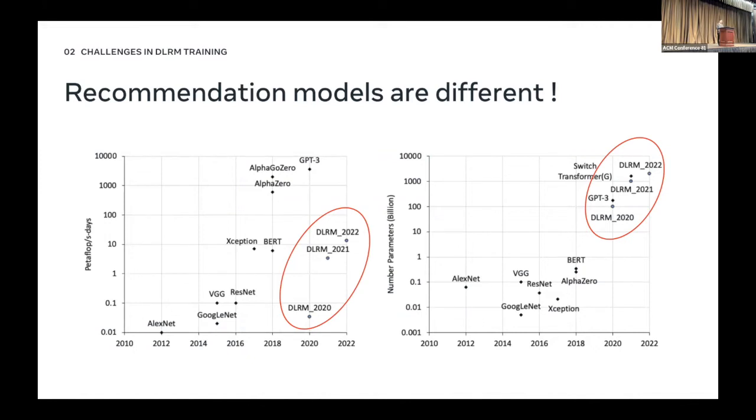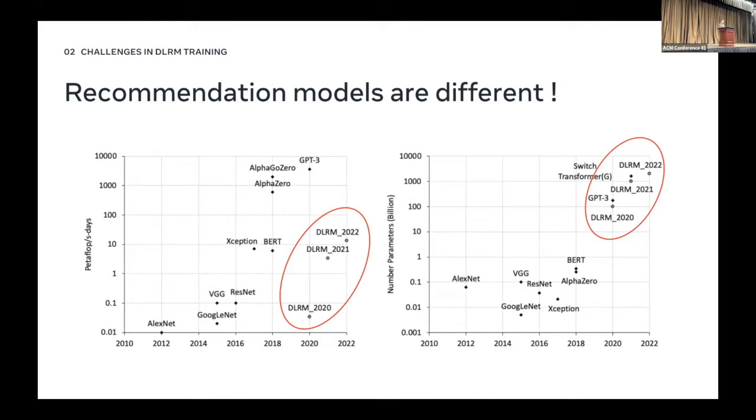And now the fact that DLRMs are still comparable to some of the models like BERT and ResNet basically means DLRMs can have orders of magnitude lower compute intensity in terms of flops per sample. Whereas on the right-hand side, we have the comparison in terms of number of parameters. And DLRMs actually top all the models that we are showing here in terms of the model size.